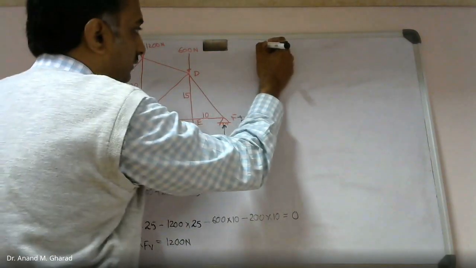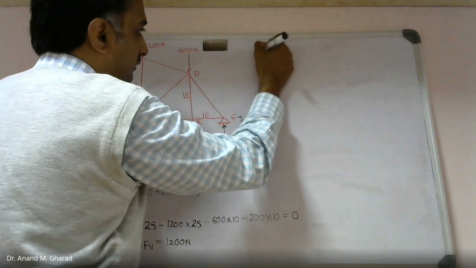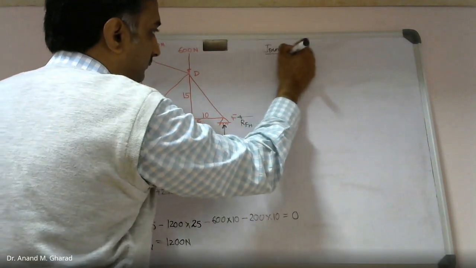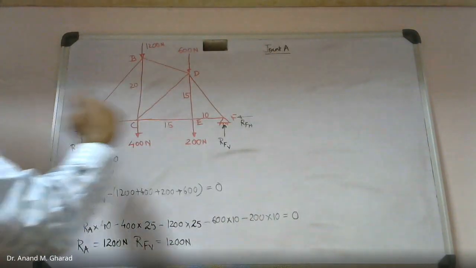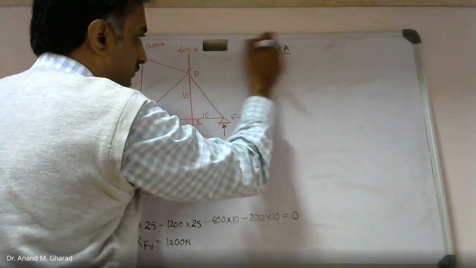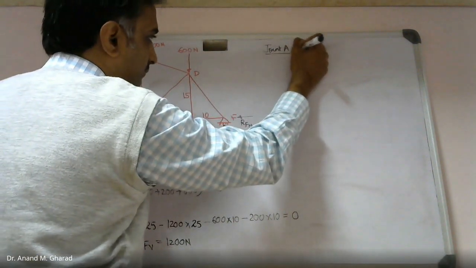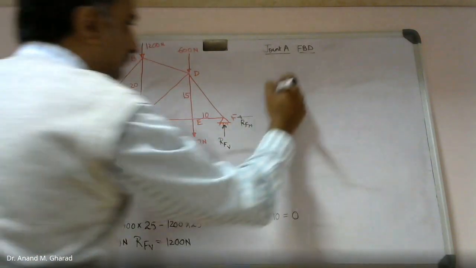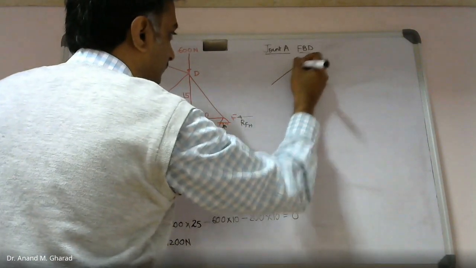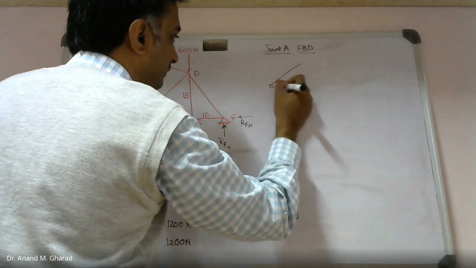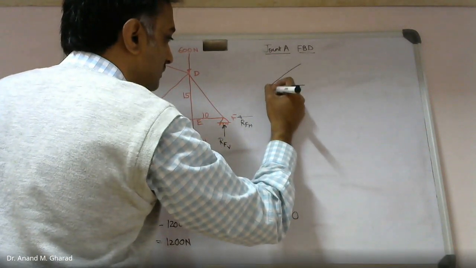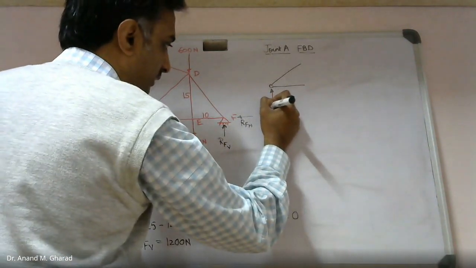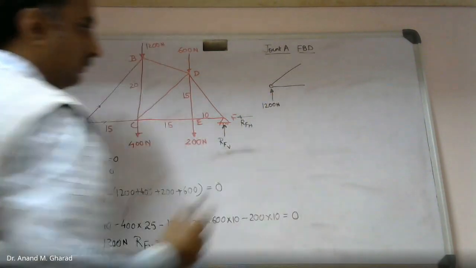Okay. Let's see. Joint A. Let's draw the free body diagram. So FBD. So this is joint A. These are the members. This is the reaction force, whose magnitude came out to be 1200 Newton.